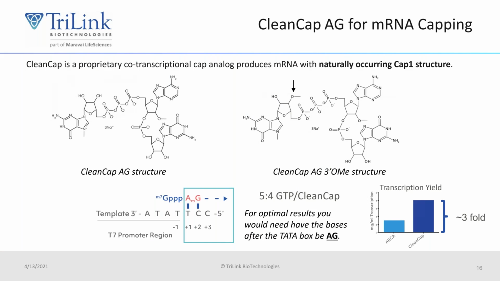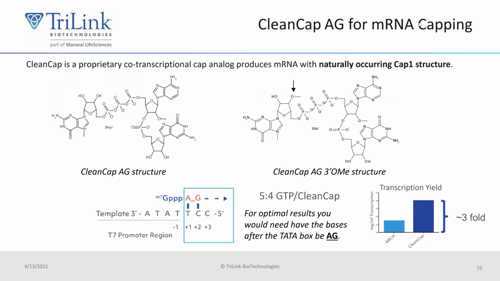And we really developed and launched these CleanCaps together, not fully understanding if that extra methyl group, highlighted by the arrow, was critical. We had a lot of clients really adopt both analogs, and we continue to offer both. Some of our clients have a preference of one over the other, but in our hands, we haven't really noticed any appreciable differences.